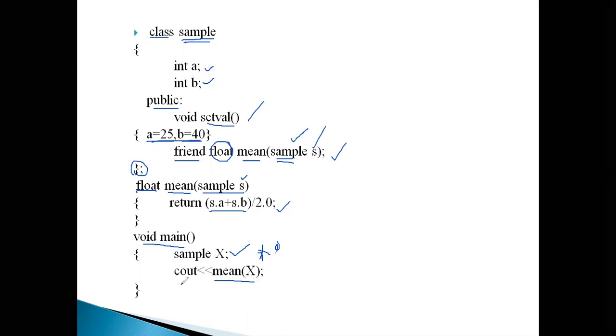So here I have to write x.setValue, which will assign the values of 25 and 40 to A and B. Then it is going to calculate the mean, calling mean of x as a normal function. So this is the difference.